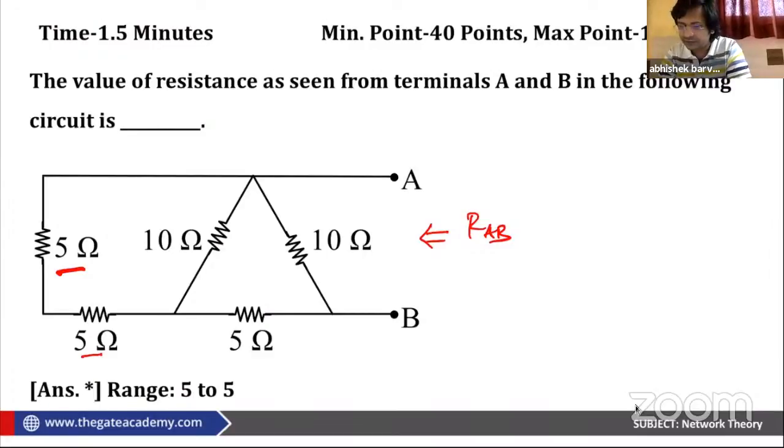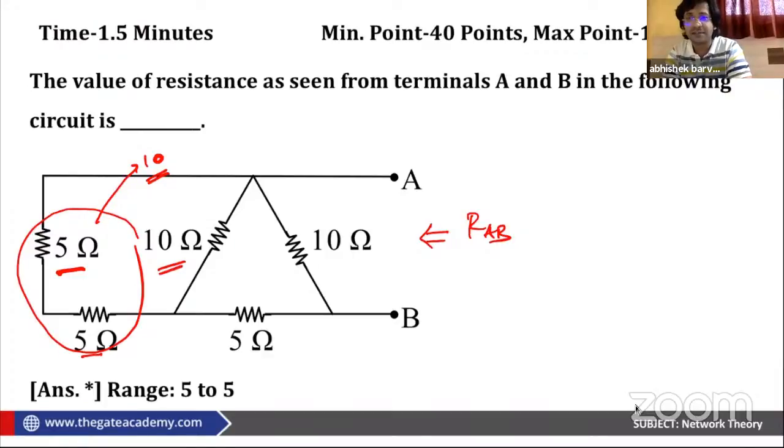So 5 and 5 gives you 10. As you can see, this 10 and 10 are in parallel. When two equal resistors are connected in parallel, the effective value is always half of it. So 10 parallel to 10 gives me 5.